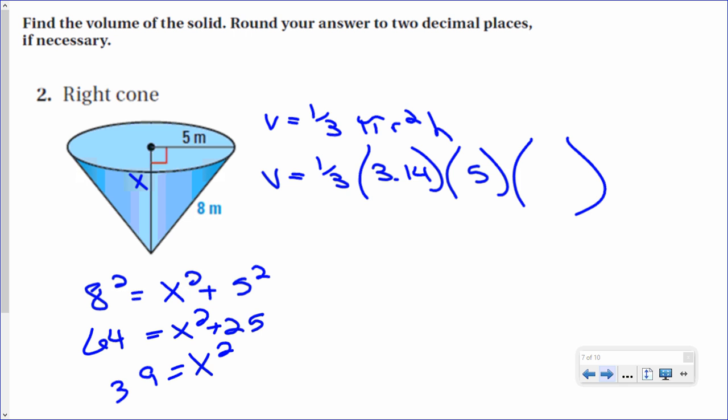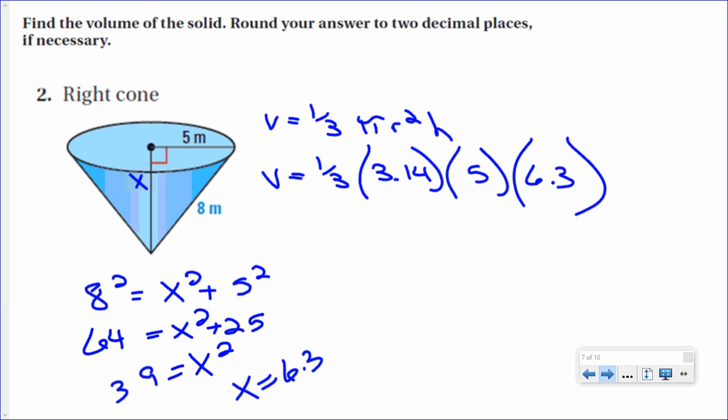I'll have to ballpark it here because I didn't have this written down. It'd be pretty close to 6.3, be the height. So we'll go 6.3 right there. So you'd multiply these 3 numbers out, and you'd get your answer.